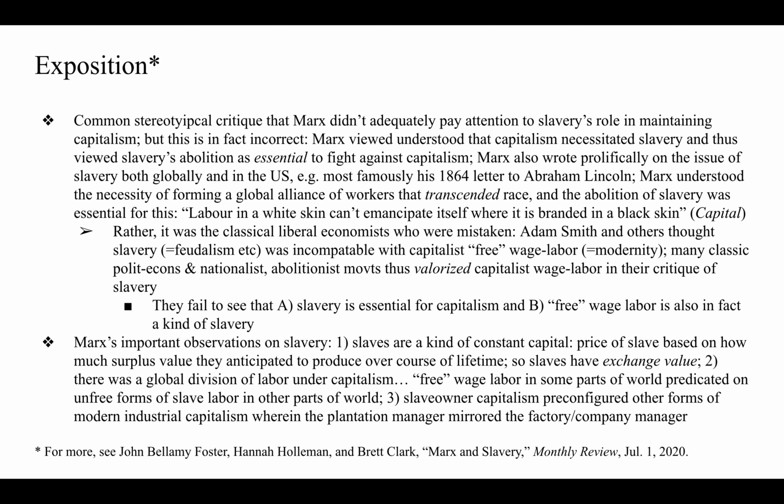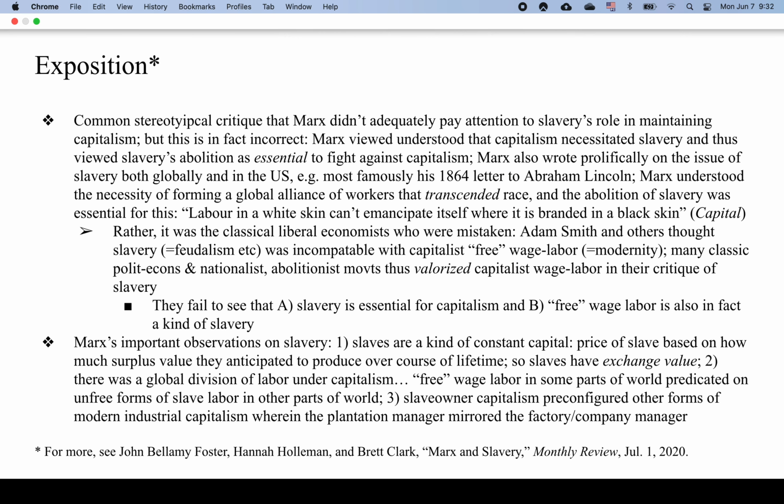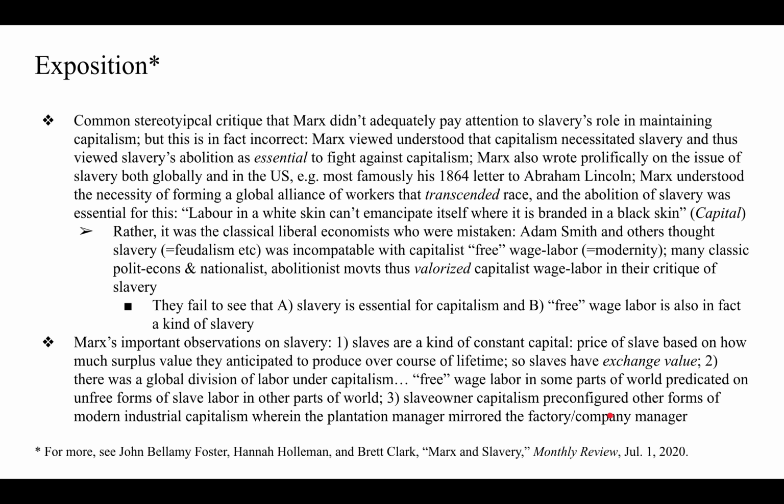So this is a kind of global division of labor that Marx already perceived in the case of slavery. And third, that slave owner capitalism pre-configured other forms of modern industrial capitalism, wherein the plantation manager mirrored the factory or company manager.